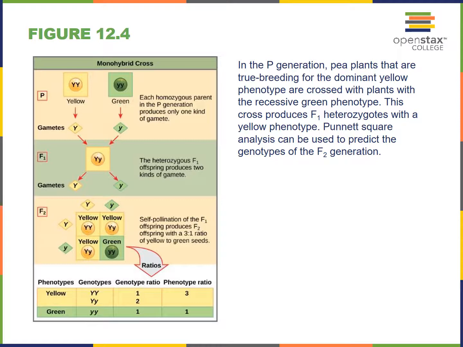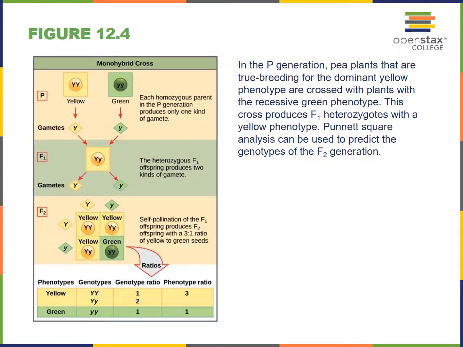So when you cross 2 true breeding plants, like Mendel did, he's about to explain the data here in this figure. But whenever you cross 2 true breeding plants, that is known as a monohybrid cross. So in our parental generation, instead of looking at flower color, we're looking at seed color here. So he crossed true breeding plants that all produced yellow seeds, no matter how you cross them together.